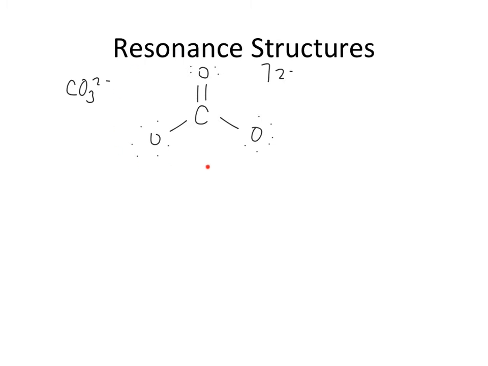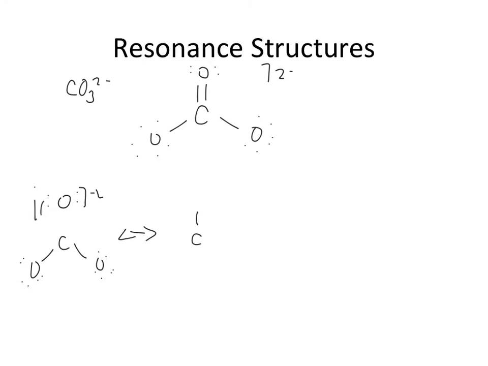Once we find the best Lewis dot structure, we're going to represent the presence of resonance by drawing all 3 possible resonance structures. We do so like this, and we show that arrow.